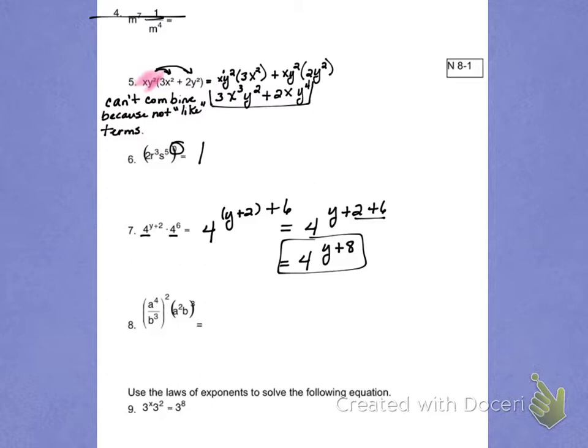So now let's look at number 8. Number 8, all of this is over 1. So we have to evaluate our parentheses and raise them to the exponents first. So let's do that. Parentheses to a power, you multiply the exponents. So we have a to the 8th over b to the 6th.